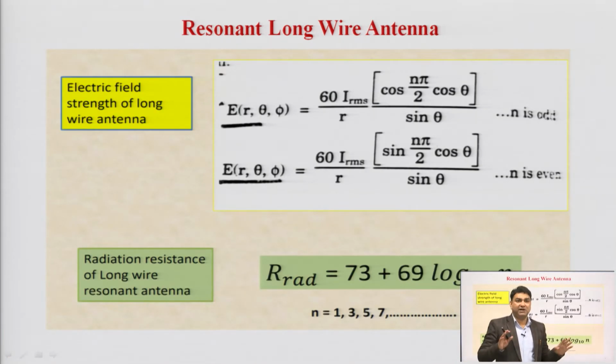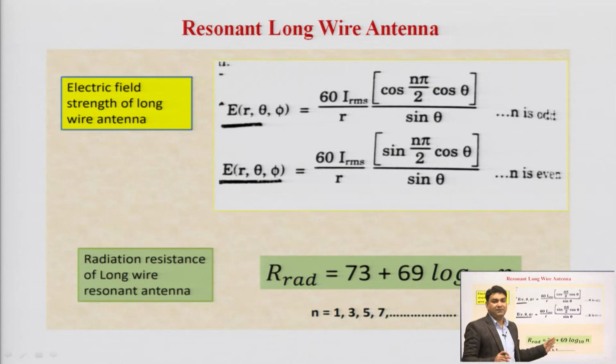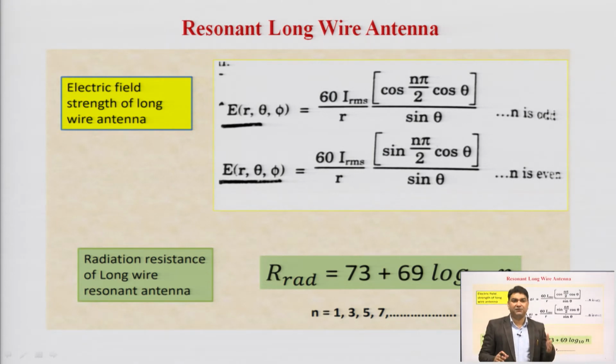If we talk about the characteristics of a resonant long wire antenna, it is given in this form. The electric field in a spherical coordinate system, that is r, theta, phi, is given as 60 I_RMS cos(n pi/2 cos theta) upon 60 I_RMS, and simply this is E(r, theta, phi) for the length of the wire.